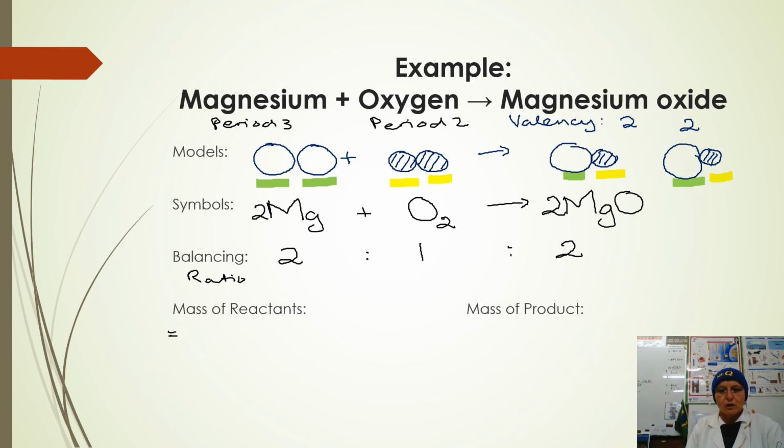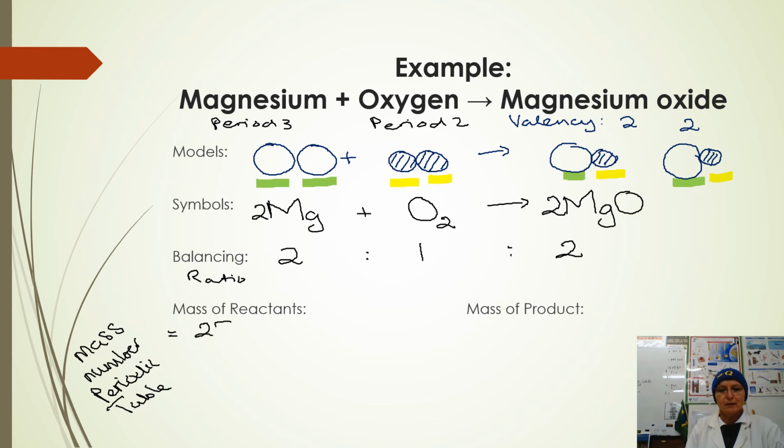For this, we go to the mass number of the element on the periodic table. Right. So we have two magnesiums.